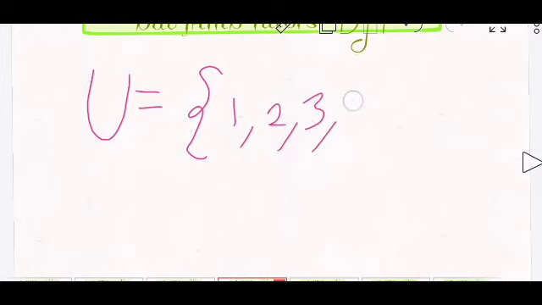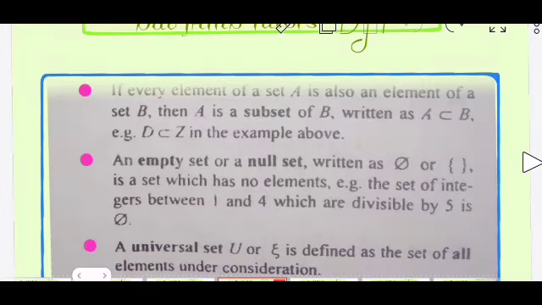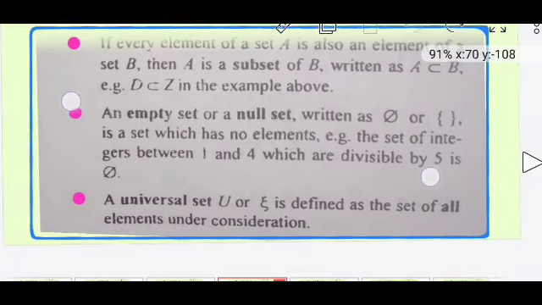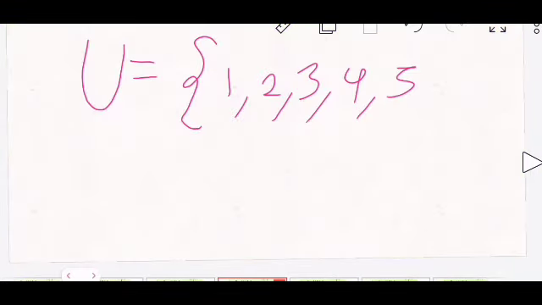Now let's take for instance, if we have a universal set to be 1, 2, 3, 4, 5. So we have our universal set to be that. Now we say A equals 1, 2 and B equals 2, 3, 4.